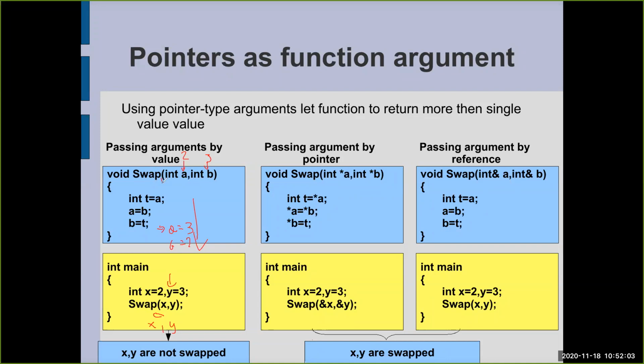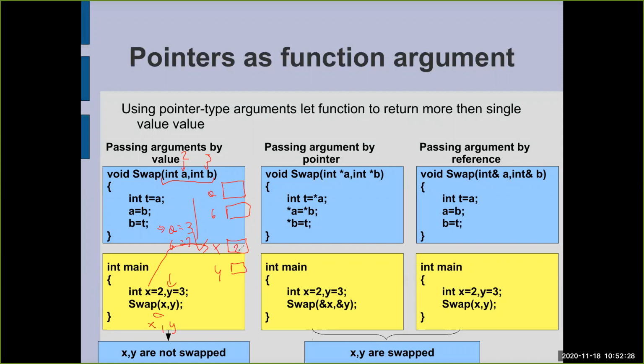But look, here I have arguments which are independent variables. So these two variables, a and b, are not dependent on x and y, because x stores data in some place in memory, a and b the same.